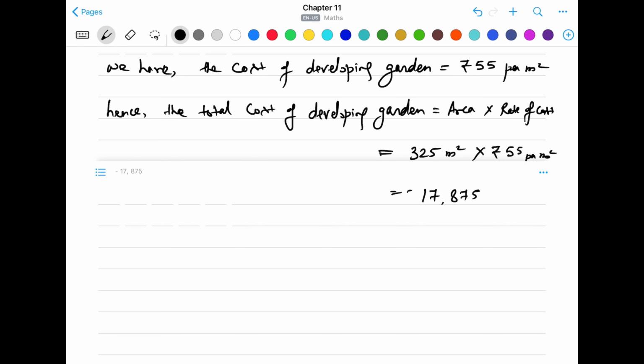The cost will be in rupees. So the cost of developing the garden around the house is 17,875 rupees in total. So that's the answer of question number 2 for this exercise.